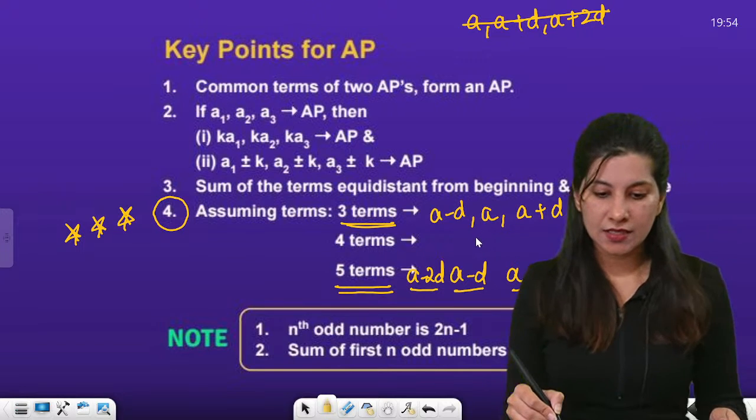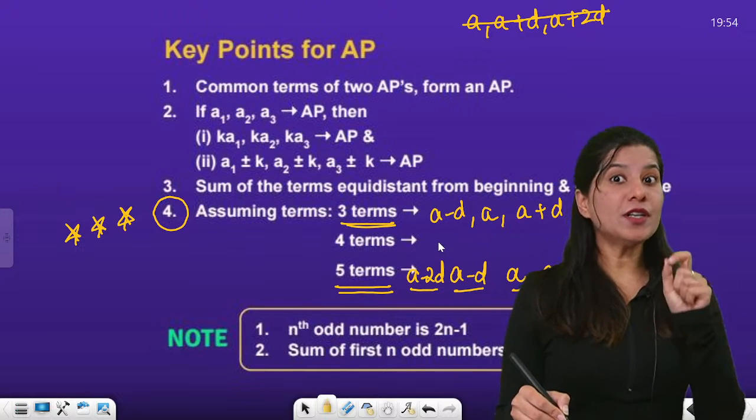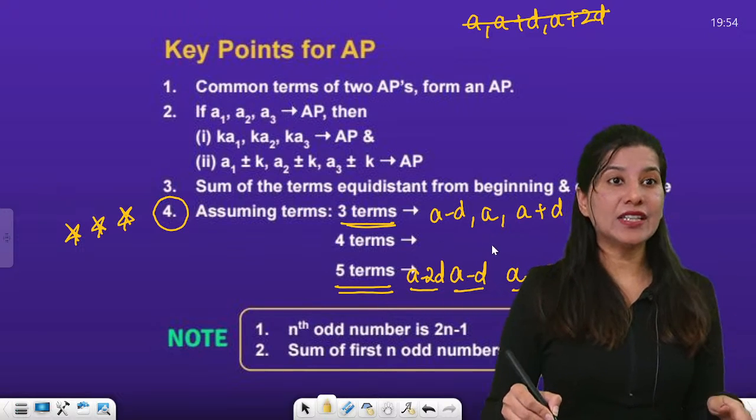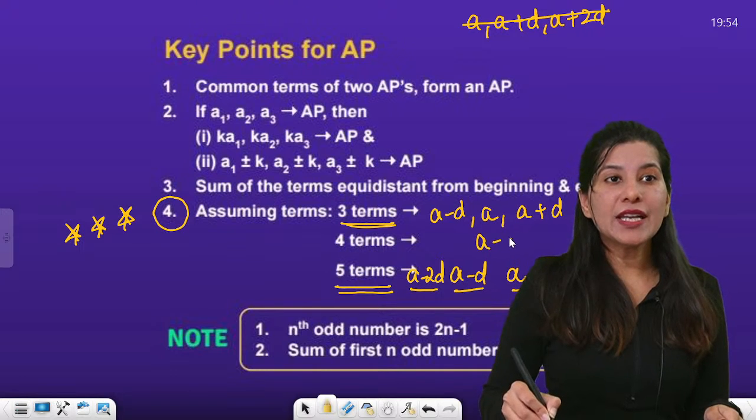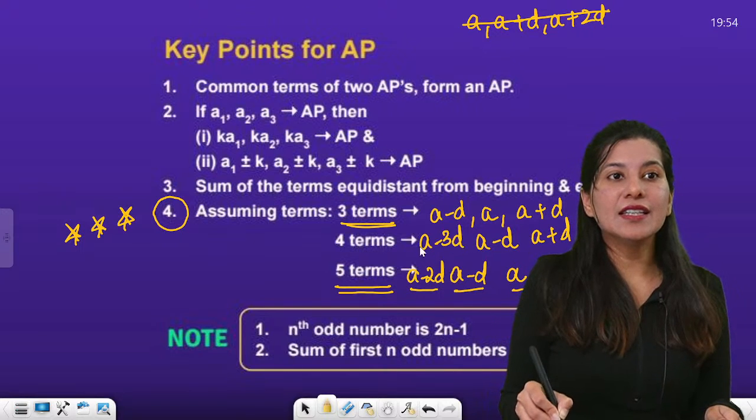Perfect. Now what about 4 terms? So 4 terms is tricky. For 4 terms you need to take a minus d, a plus d, a plus 3d, and a minus 3d. Right?